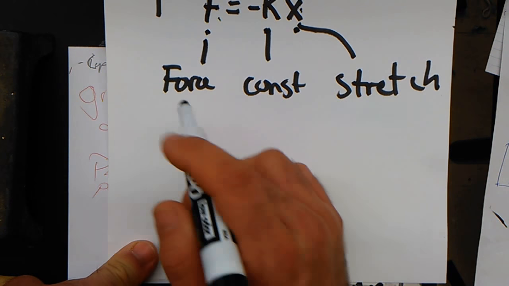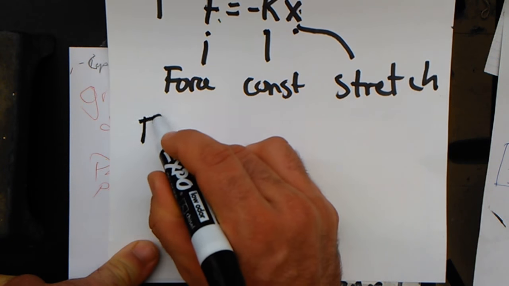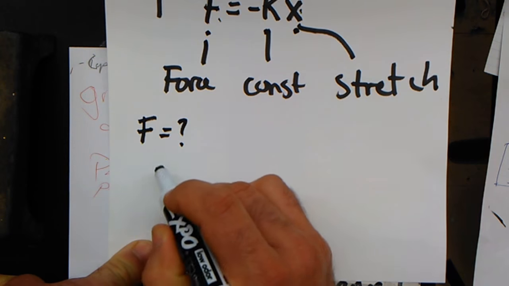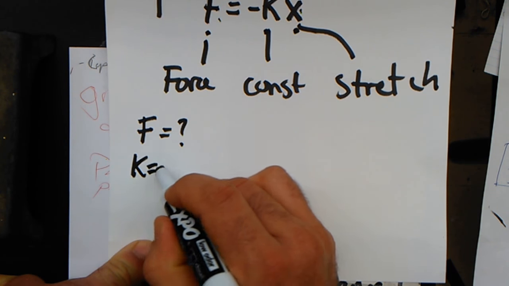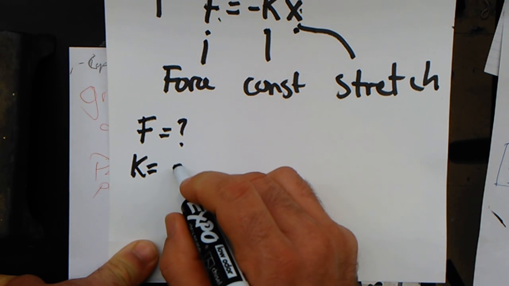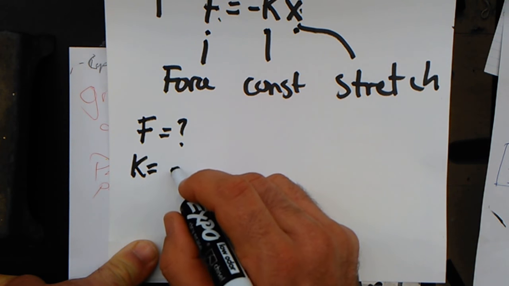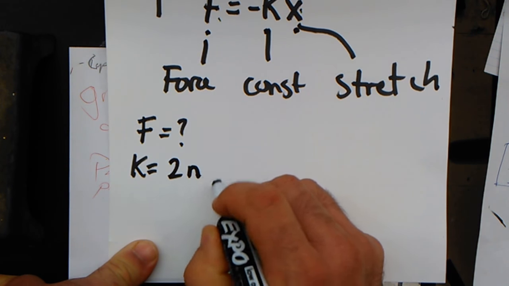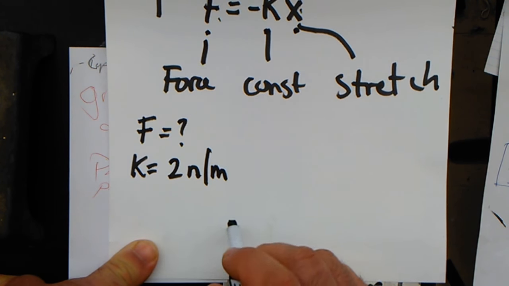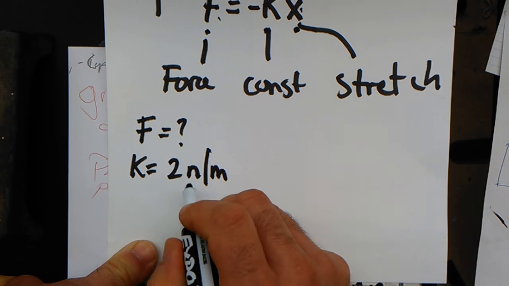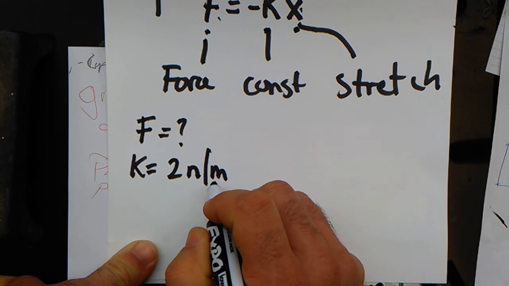So let's just figure it out here. We're looking for force. Let's say I have a spring with a K value of 2 newtons per meter. We'll get into the units later on in class.